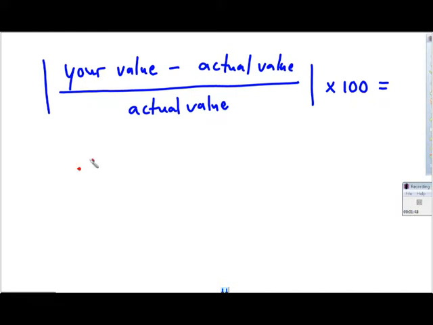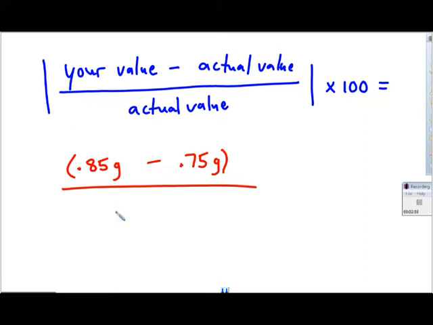So your value, what your group actually produced, is 0.85 grams. You're going to subtract that from the actual value, the true value, 0.75. And then divide that, once again, by the true value, what you should have produced. And then multiply by 100.